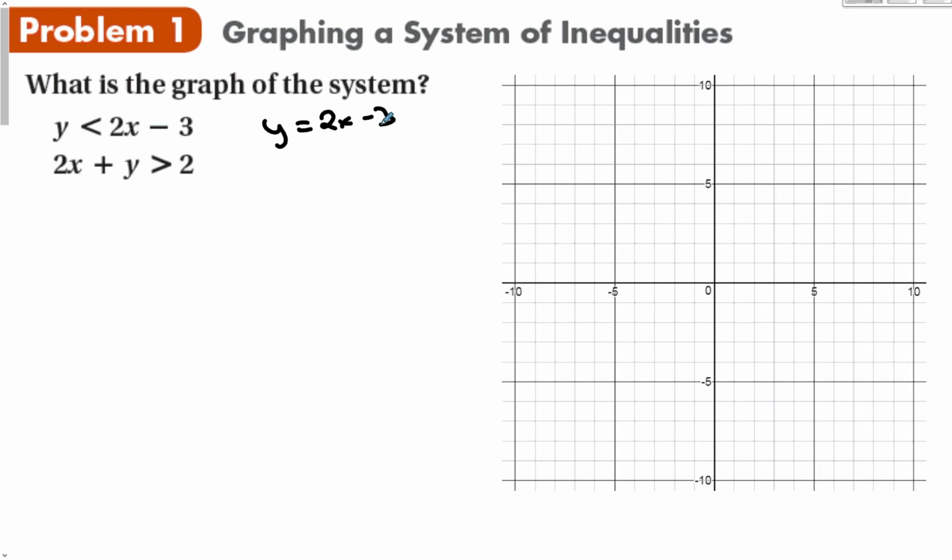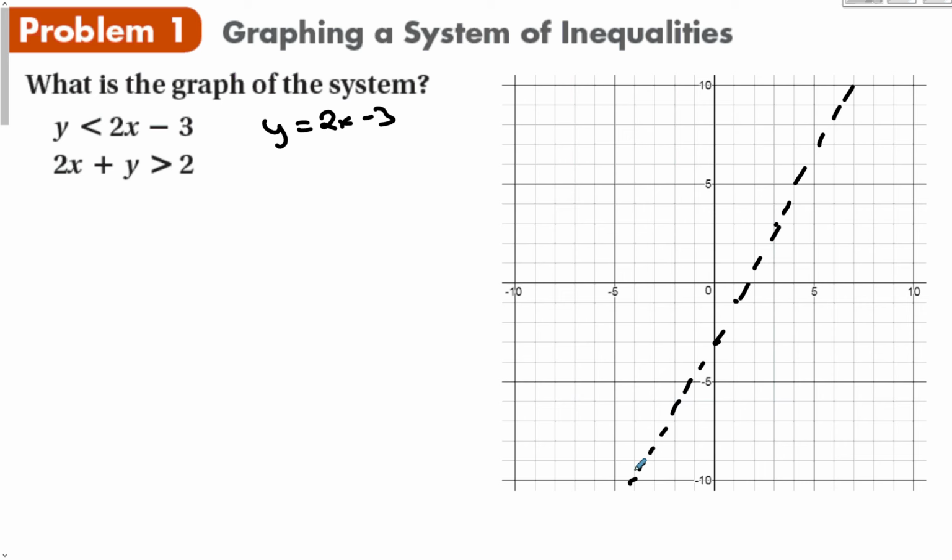So 2x minus 3, my intercept is negative 3, and my slope is going to be 2. Up 2, right 1, up 2, right 1, up 2, right 1, and we're going to make a nice dotted line.